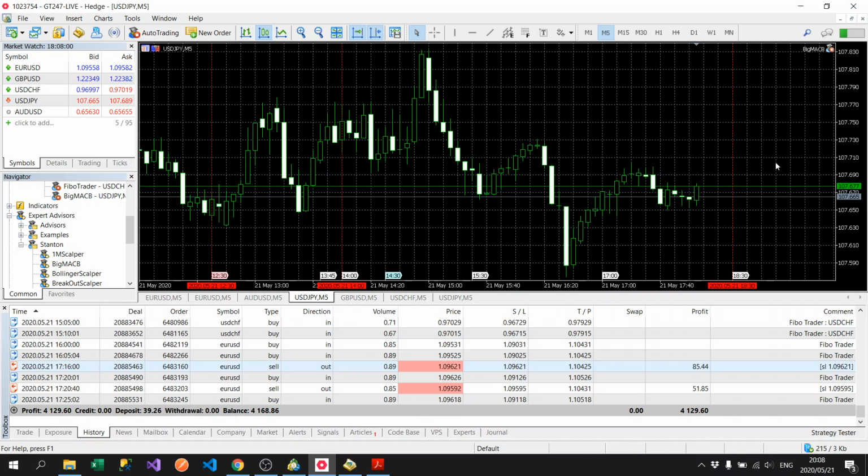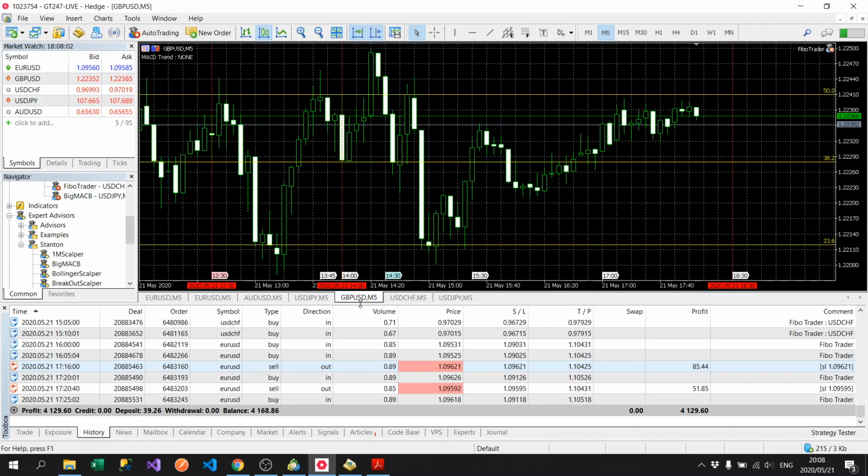On the USD JPY, I'm also running the Big Mac B. On the Great British Pound USD, I'm running the Fib Trader, and just to notice here, the MACD trend is none at the moment, so no trades will take place until a distinct trend has been formed. So either a buy or sell trend, a strong trend signal, has to form, otherwise it will not take a buy or sell position.